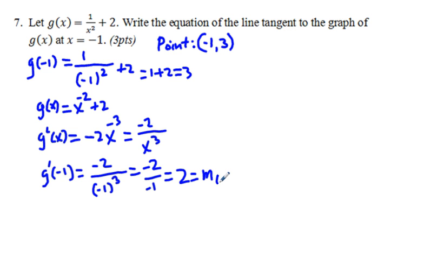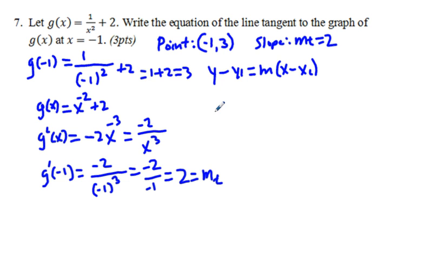We call m sub t the slope of the tangent line. So we'll put slope m sub t equals 2. Now we're going to use our point slope form. y minus y sub 1 equals m times quantity x minus x sub 1.